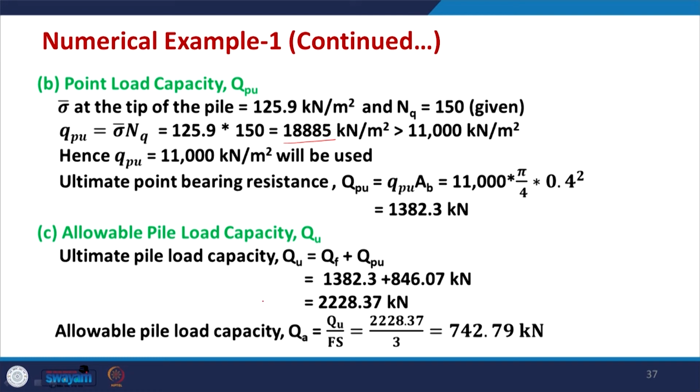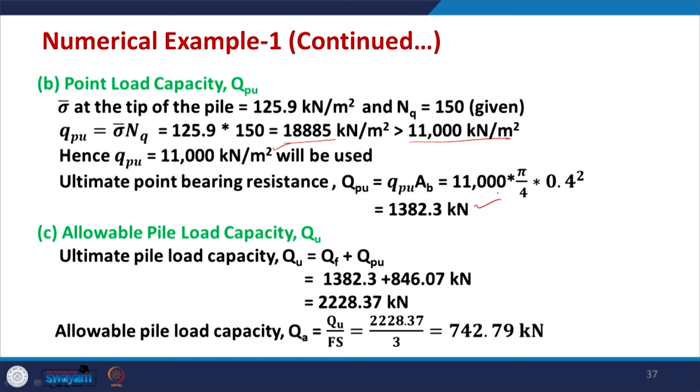However, because this value is more than 11,000, which is the limiting value, QPU is taken as 11,000 kilonewton per meter square. This will be used in the calculation of the ultimate point bearing resistance, QPU into AB. So you get 1382.3 kilonewton, and this is the point bearing resistance.